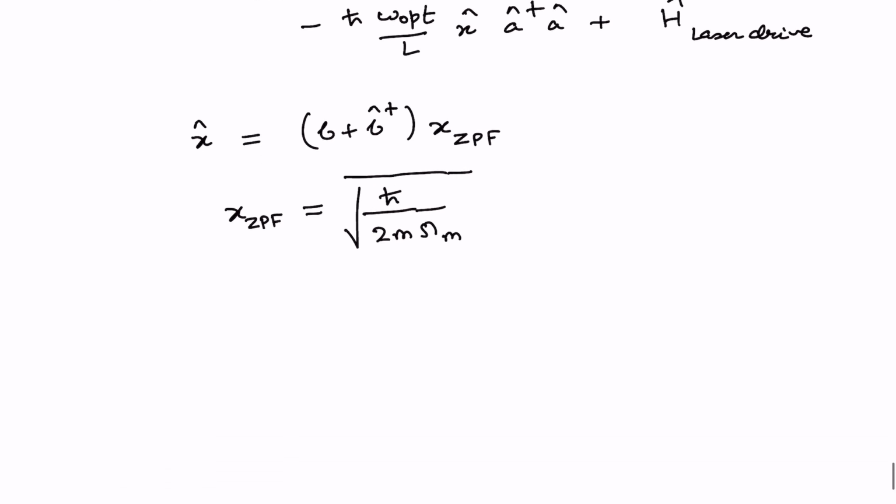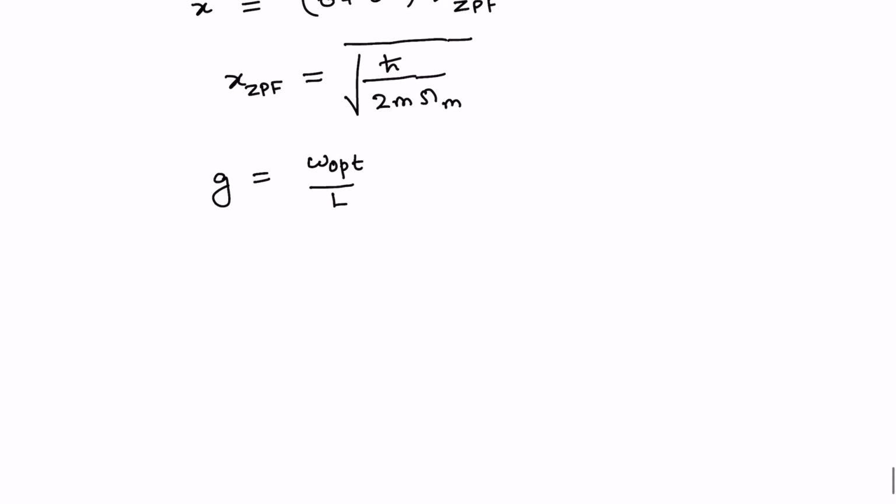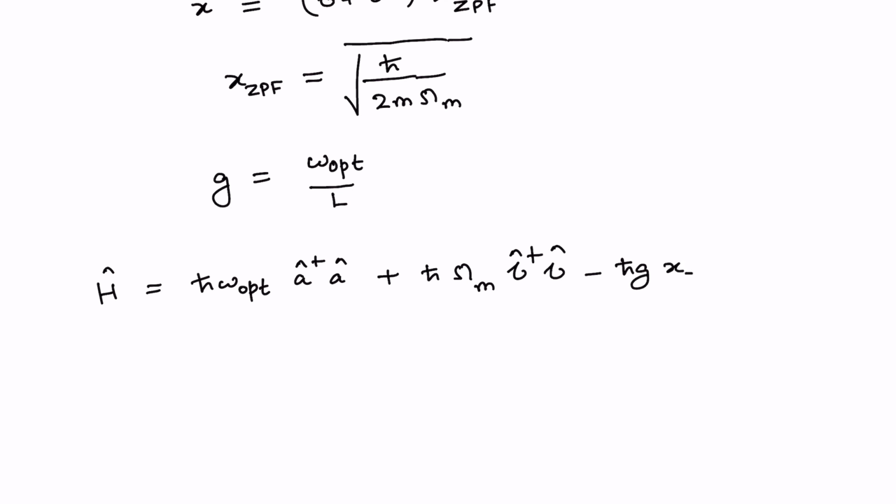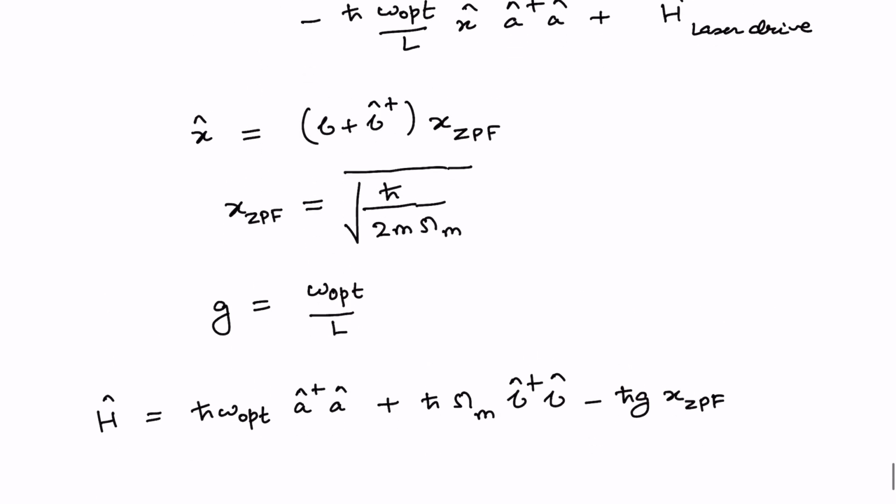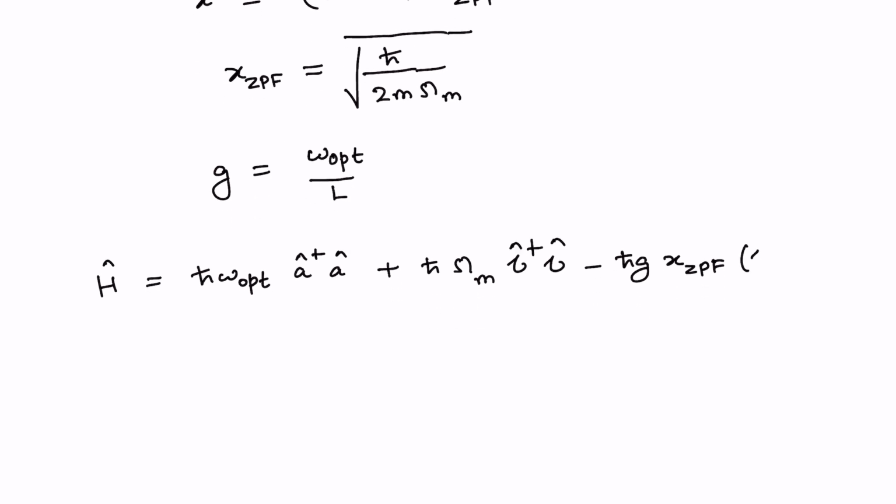Okay, by the way, let me define a parameter z, which is omega optical by L. If I do that, then I have my Hamiltonian as H is equal to h bar omega optical a dagger a, plus h bar omega m b dagger b, then minus h bar z x zero point fluctuation, times b plus b dagger, times a dagger a, plus the laser drive.